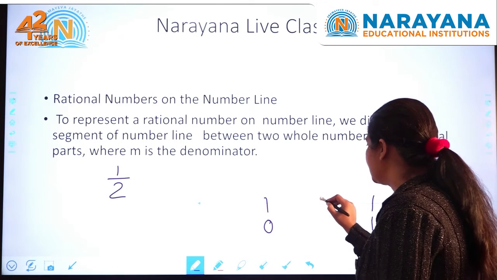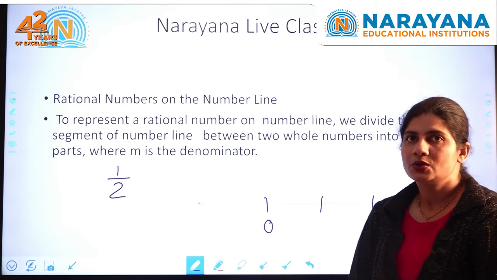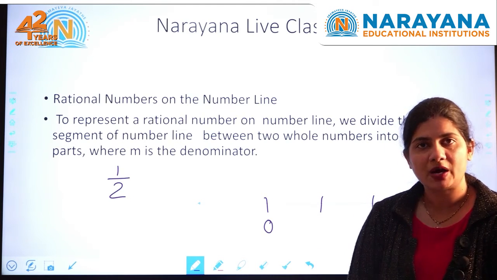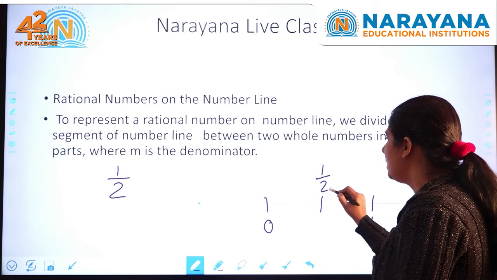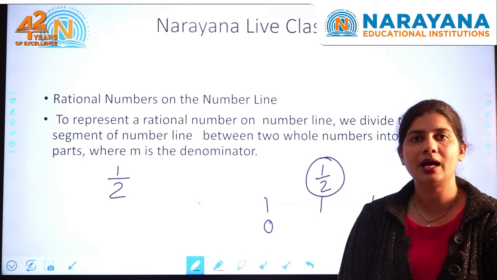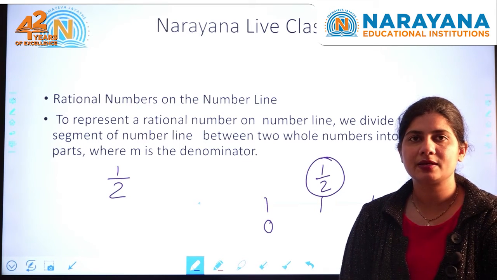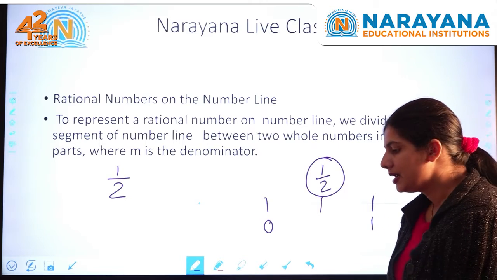So we'll divide this into 2 equal parts. Now just see the numerator. Numerator is 1. So the first part gives us our representation of the rational number on the number line.